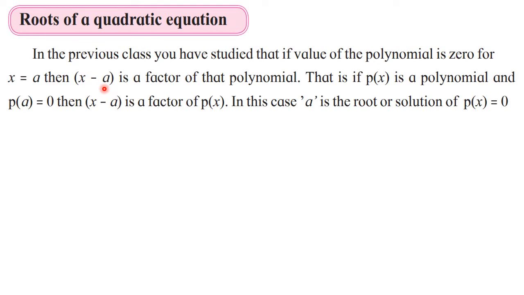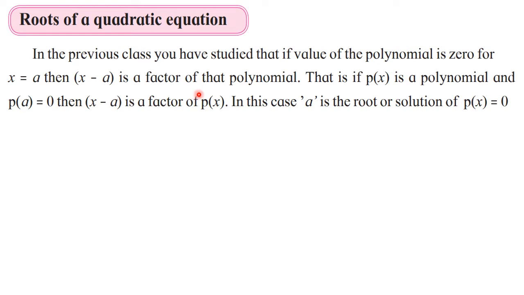While finding the remainder, we used to substitute exactly the opposite number in place of a or any other variable present there. So if the value of the polynomial is 0 for x is equal to a, then we can say that x minus a is a factor of that polynomial. This we studied in 9th standard.